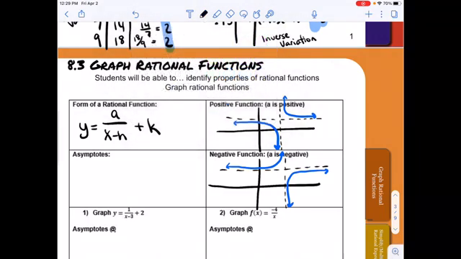Asymptotes, we have a vertical asymptote. That would be this guy and this guy. A vertical line. How do we find that? So for vertical, we want to look at the value that makes the denominator 0.